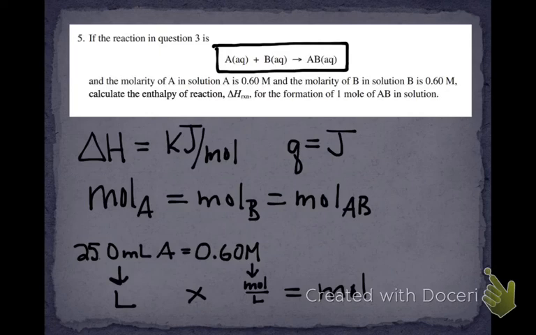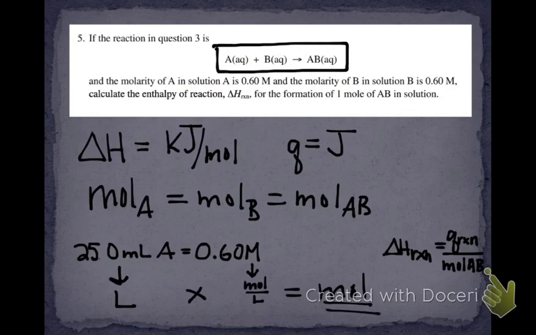So if I want to calculate the delta H of reaction, let me move over to this little corner. The delta H of reaction for this reaction is going to be my Q value divided by the moles of AB, which is what we just calculated here.